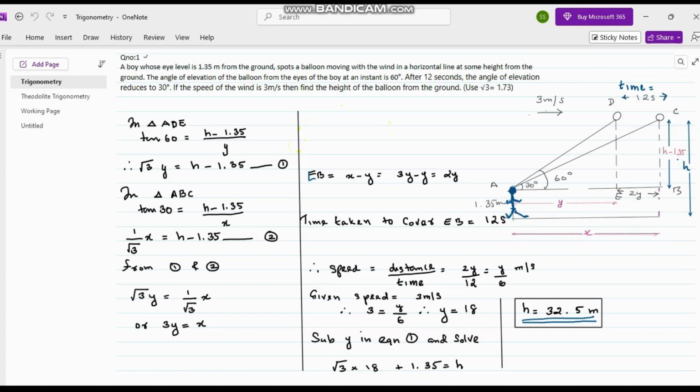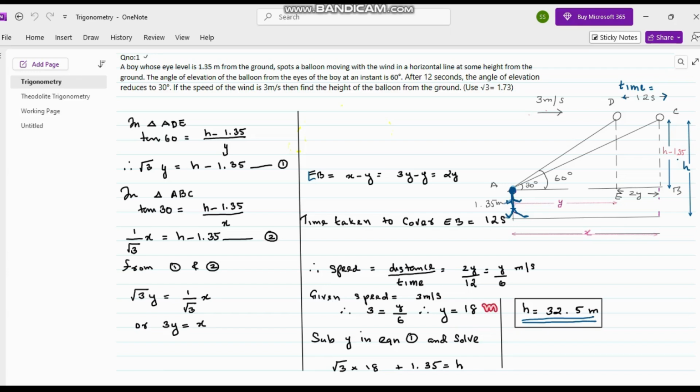So the distance is 2y, EB, and the time taken is 12 seconds. So speed is 2y by 12, which is equal to y by 6 meters per second. It's given in the question that the speed is 3 meters per second. So 3 is equal to y by 6 and y is equal to 18 meters.